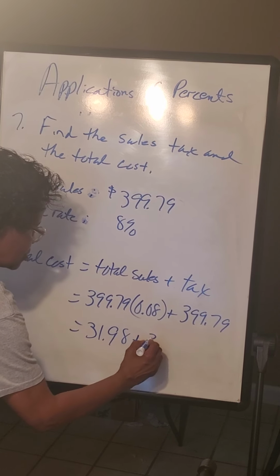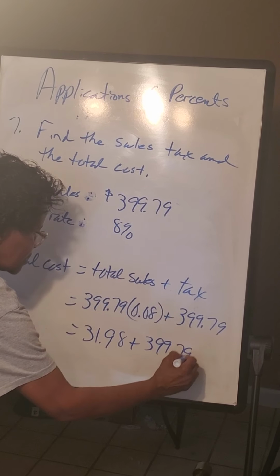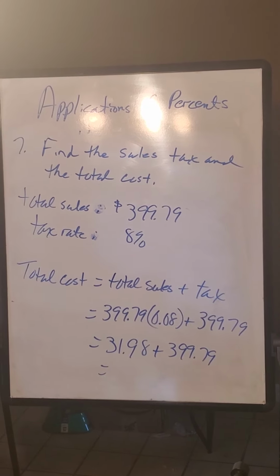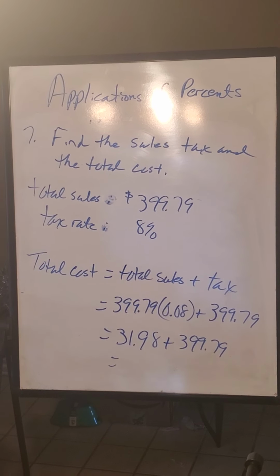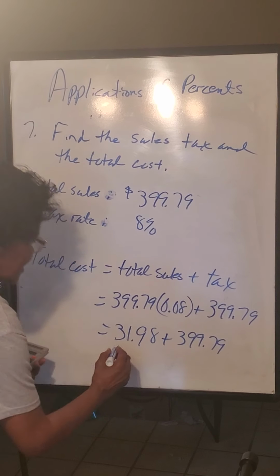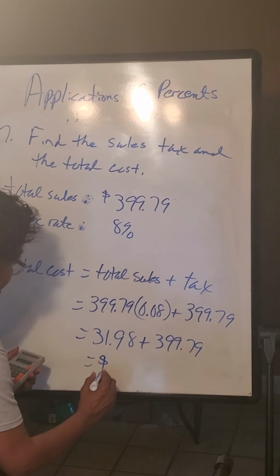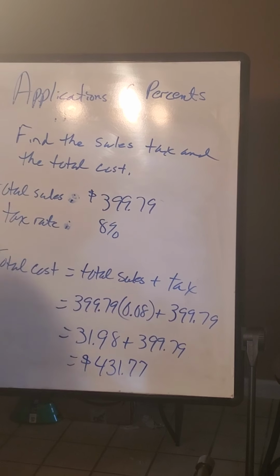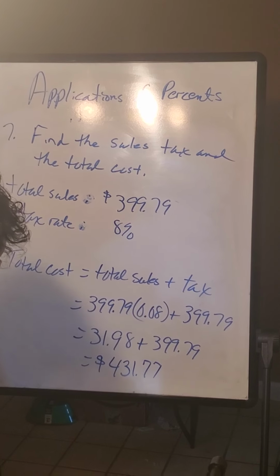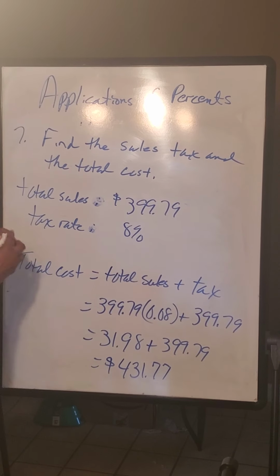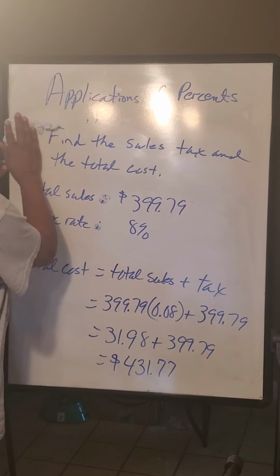I'm going to add it to that $399.79. So the total cost of this item, including the tax, is $431.77. A couple more examples, but as I said, this is a lengthy lesson because there's so much as far as the application is concerned.